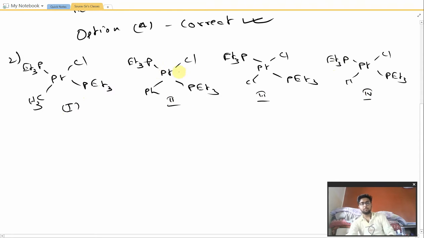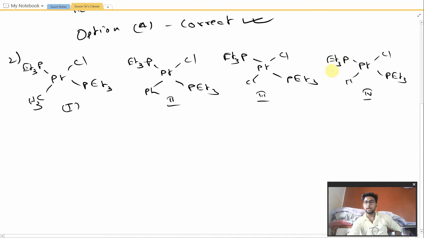We have to substitute chlorine by pyridine. It depends on the Pt-Cl bond: the stronger the Pt-Cl bond, the greater the difficulty in substituting.